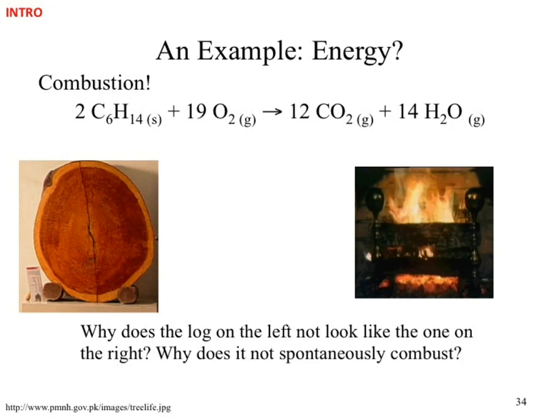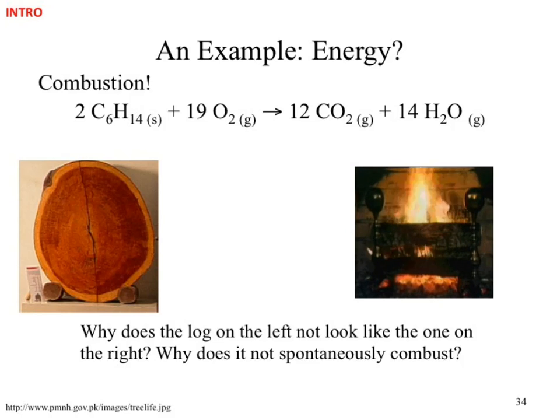All right? So to get the log on the left to look like the log on the right, what do I have to do? I have to add some energy. Once I've cleared that barrier, the reaction can become self-sustaining, and I can continue to burn the log on its own. So what do we do? We light a match. We provide just enough energy to get our reaction to go. It now self-sustains, and it will continue to combust.